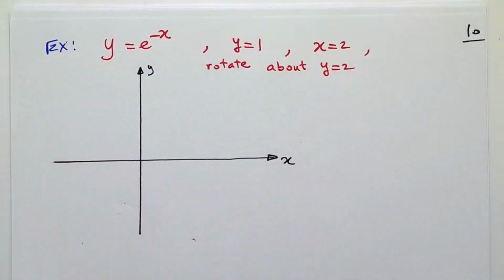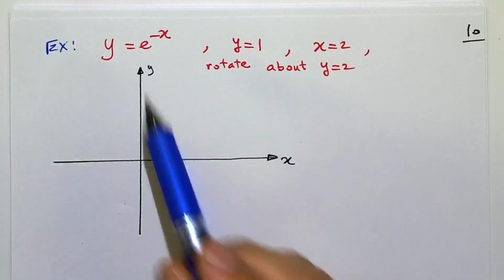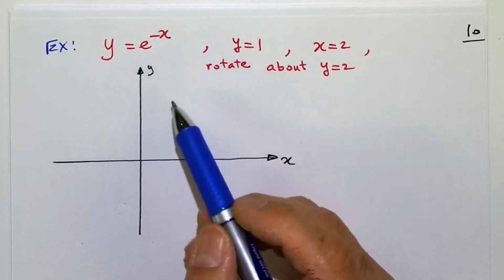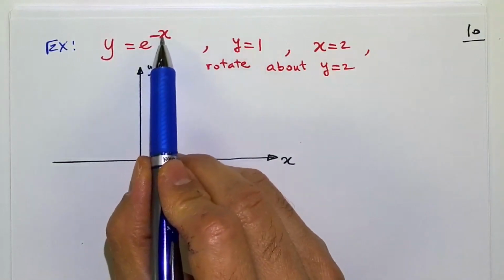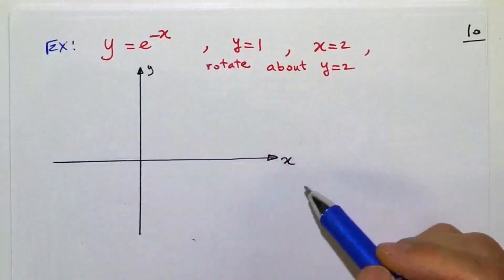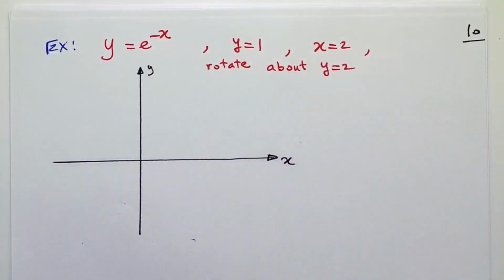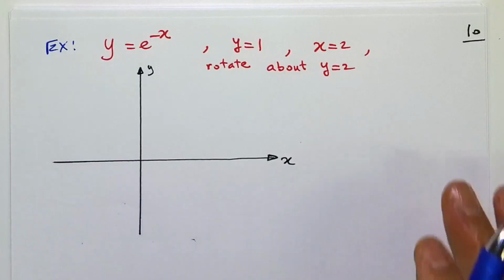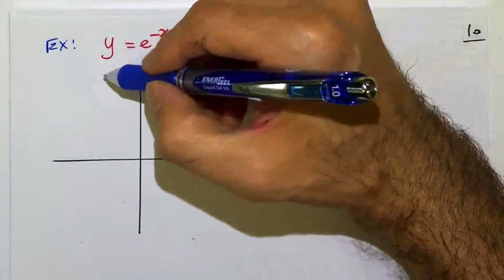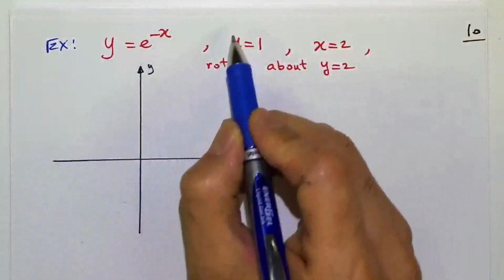Okay, so that's that. Now this curve, this exponential function, because of the negative x, it's going to be a declining or decreasing exponential function. So I'm just going to draw it like that. If it was positive, you know it would go like that, right?